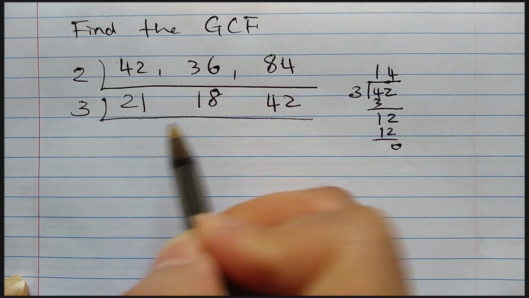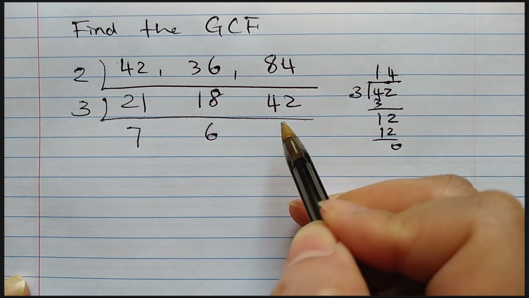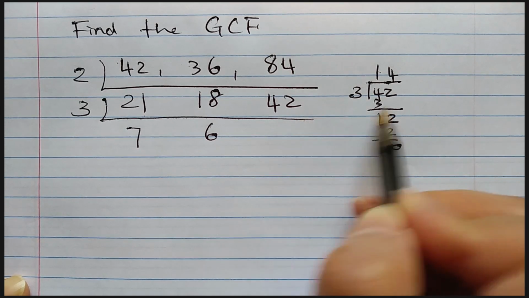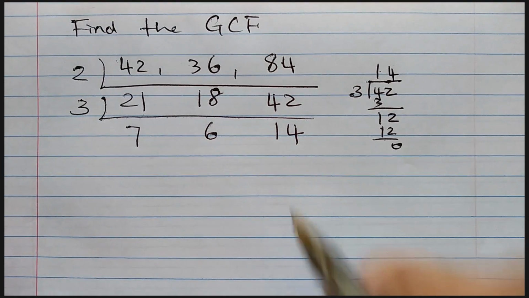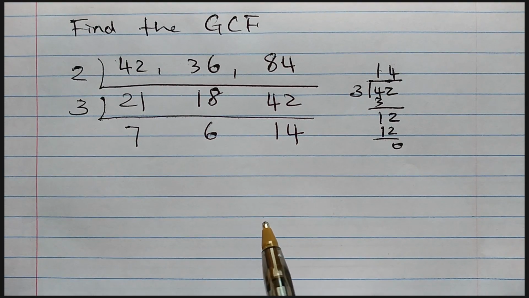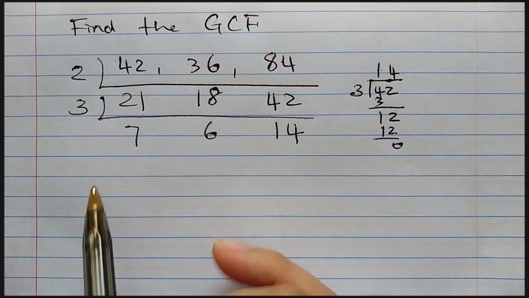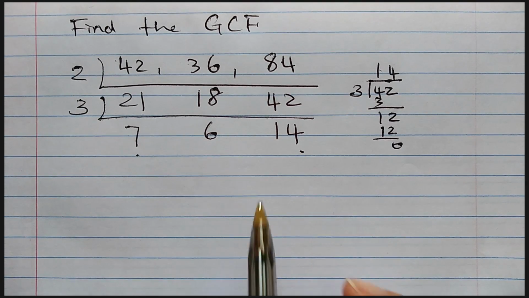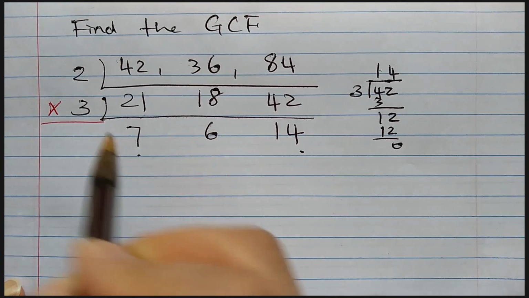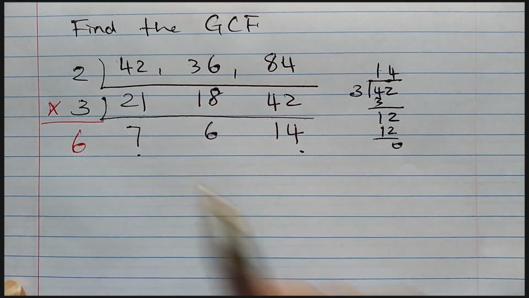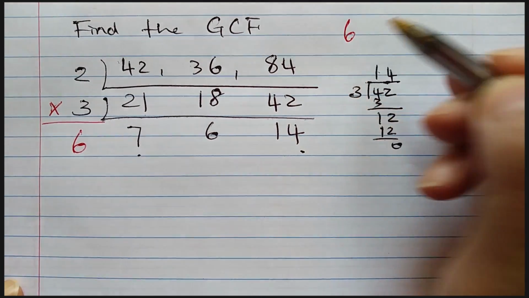So do 3 here. 7 times 3 is 21, 6 times 3 is 18, and 42 divided by 3 is 14. Is there any other number that divides all three numbers here? No. 7 can divide these two numbers, but not 6. So we'll stop here and multiply these two numbers. The greatest common factor of these three numbers is 6.